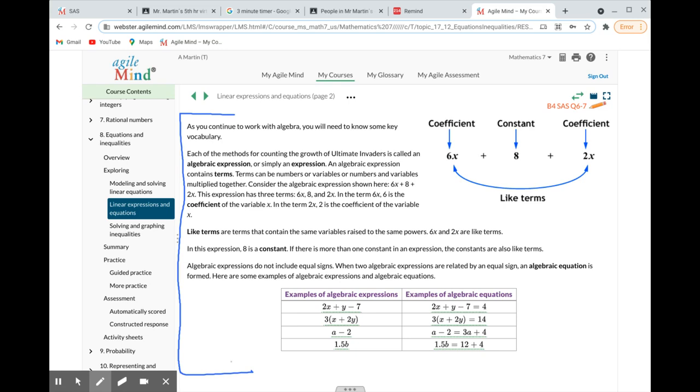All right, so looking at the examples of the algebraic expressions and the examples of the algebraic equations, what do you notice about algebraic expressions compared to the equations?